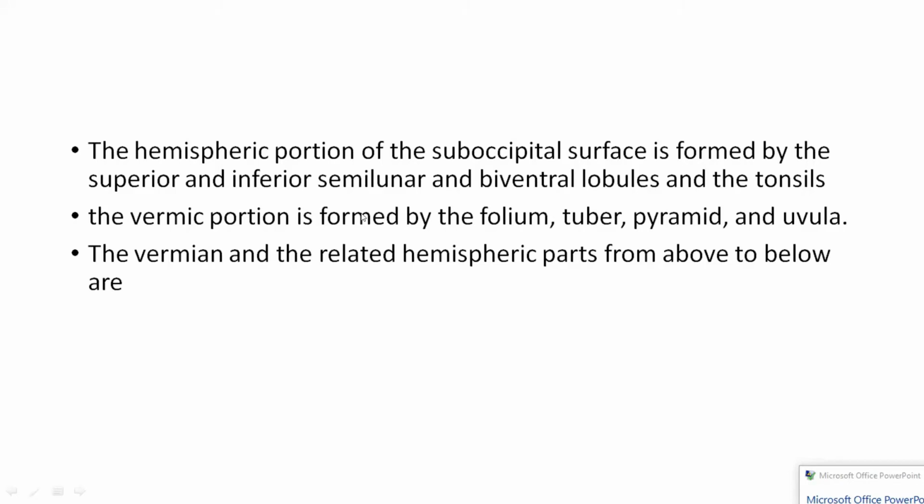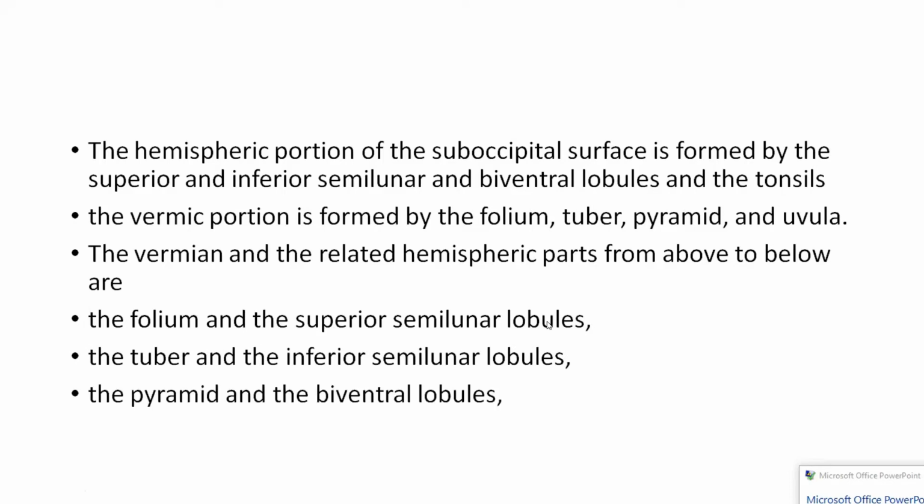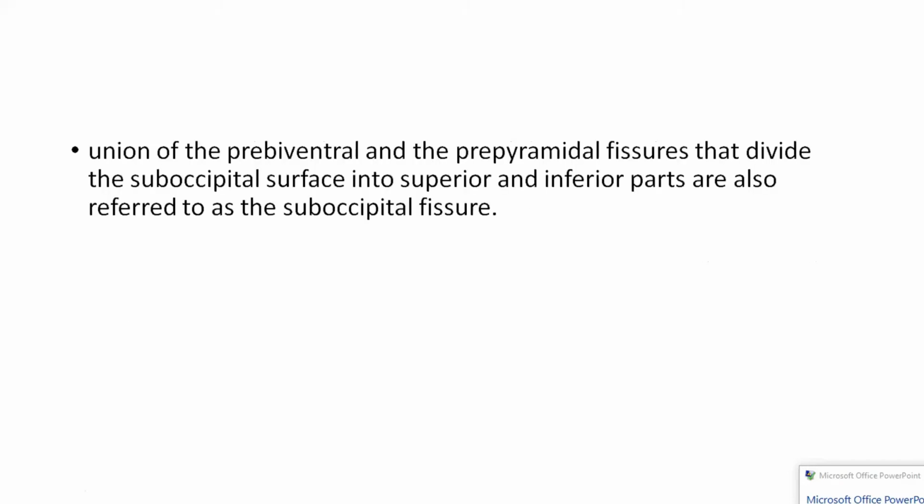Whereas the vermian portions are comprised of the folium, tuber, pyramid, and uvula. So the vermian and their corresponding hemispheric portions from above to below include folium, which corresponds to the superior semilunar lobule, tuber, which corresponds to the inferior semilunar lobule, the pyramid, which corresponds to the biventral lobule, and then you have the uvula corresponding to the tonsils.